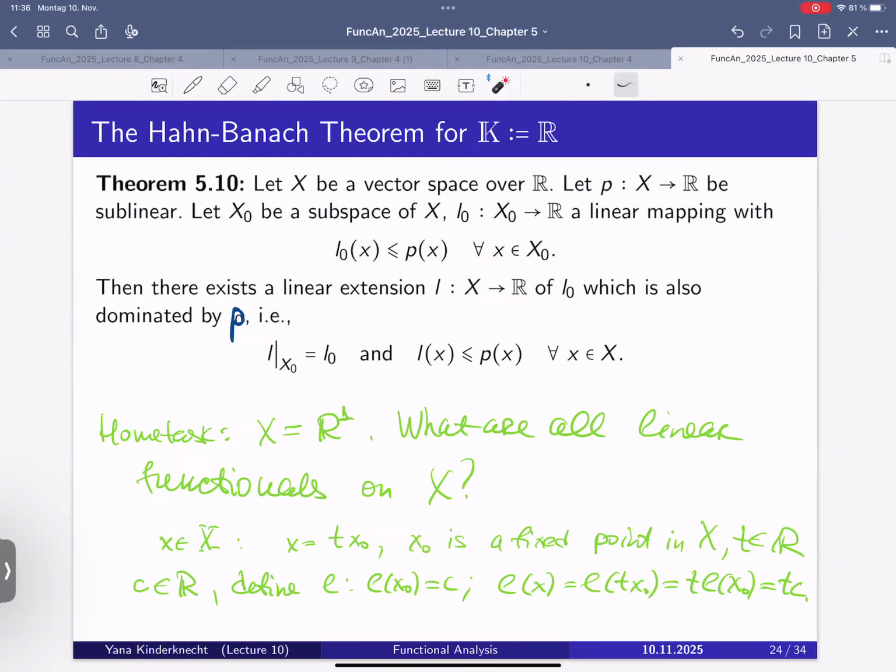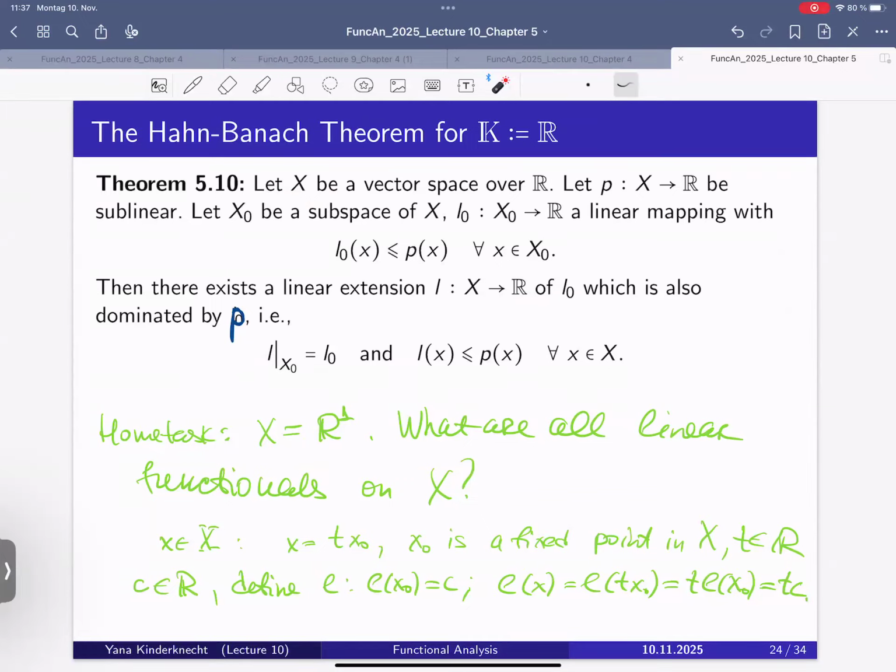So what does the theorem of Hahn-Banach say? We take a vector space, probably infinite dimensional, take any of its subspaces, probably one-dimensional, take any linear functional defined on the subspace, and dominate it by something sublinear defined on the whole space. Then we can extend this linear functional to the whole space such that the domination is preserved. So it's a really very powerful tool.